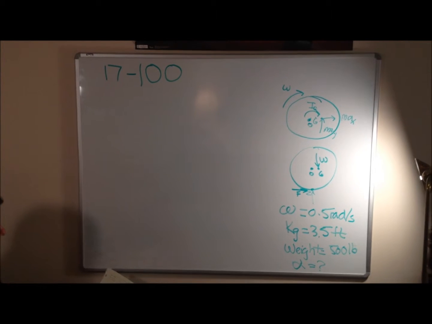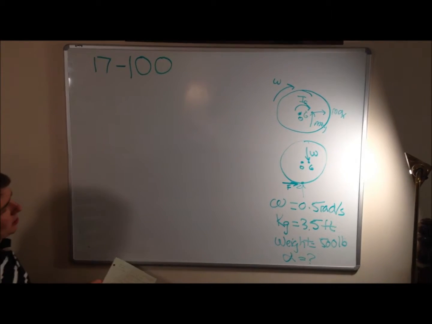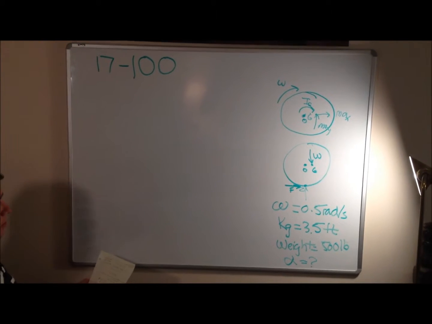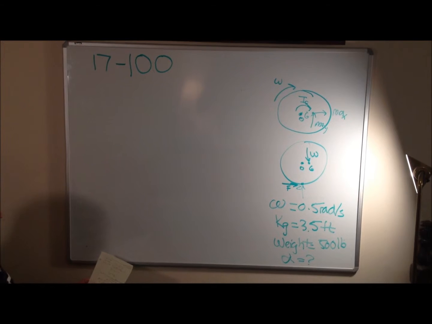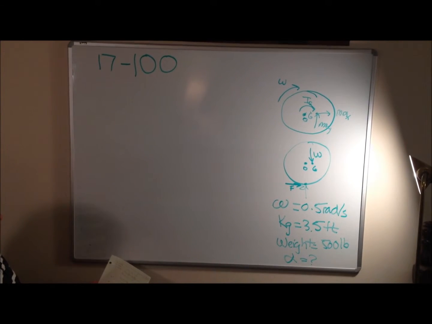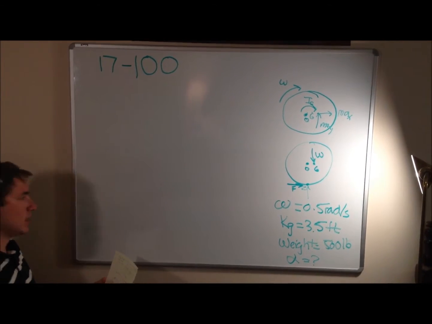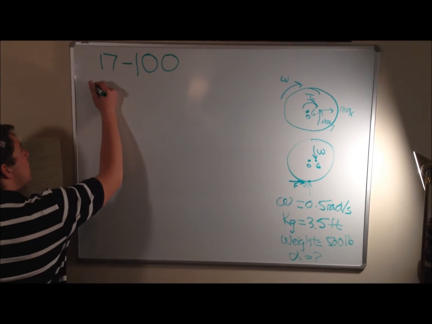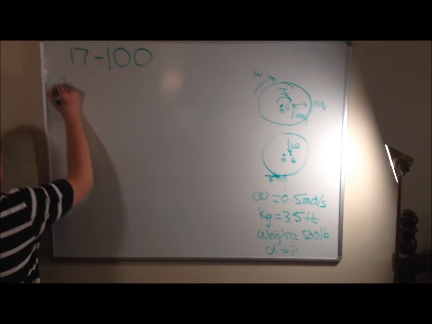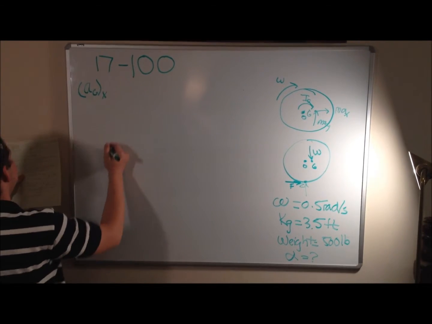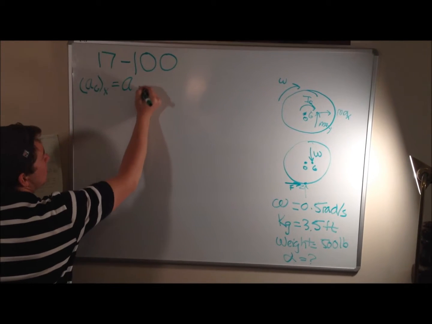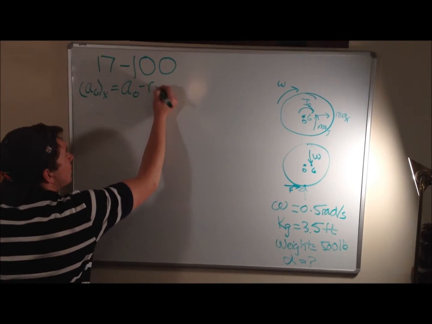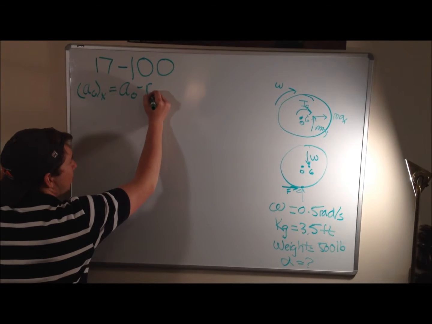Okay, so now we're going to take a look at the components of acceleration, both translational and rotational, of point G, and we're going to do this with respect to point O. Point G is the center of gravity, and point O is the center of the culvert. So we're going to start in the x direction, and the acceleration of G in the x direction is equal to the acceleration of point O minus the radius, which we're going to denote as R1.